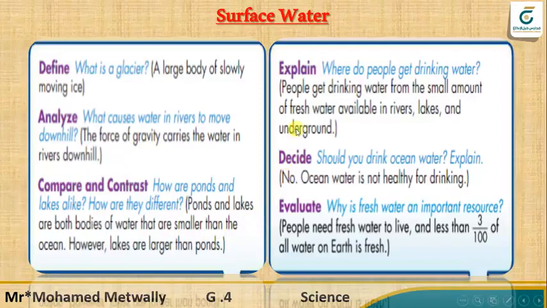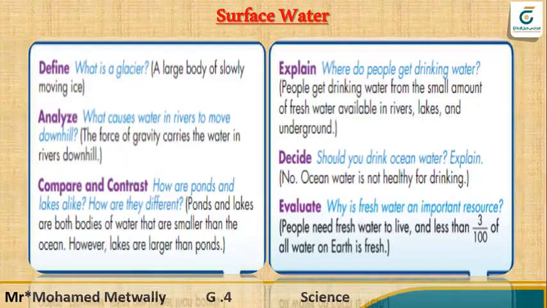Here is another form of our questions, explain. You have to explain, where do people get drinking water? People get drinking water from the small amount of fresh water. Only 1% of Earth's water is drinkable. You can imagine, 1% from 100% is drinkable.